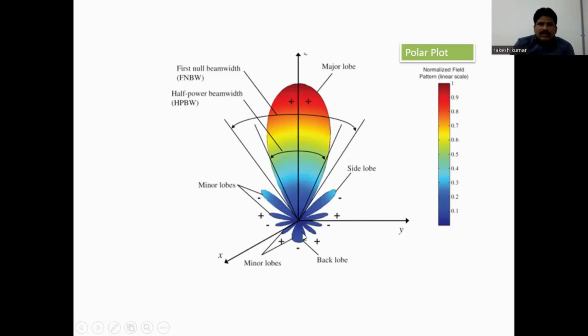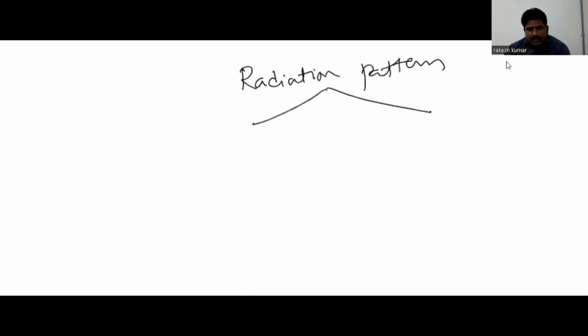Coming to the radiation pattern, any radiation pattern can be represented in two types of plots.